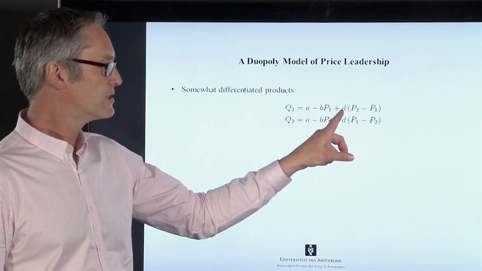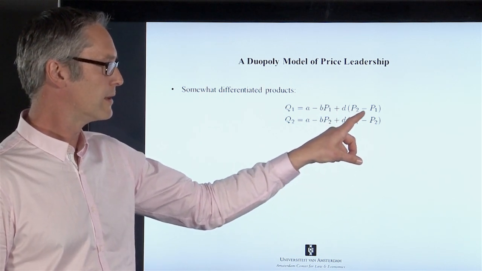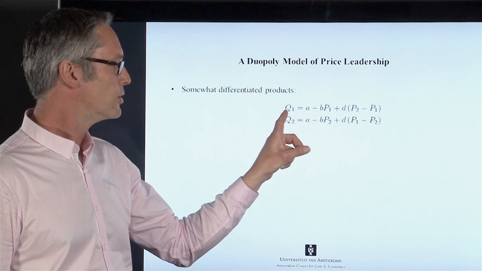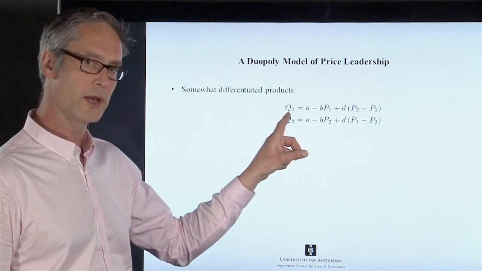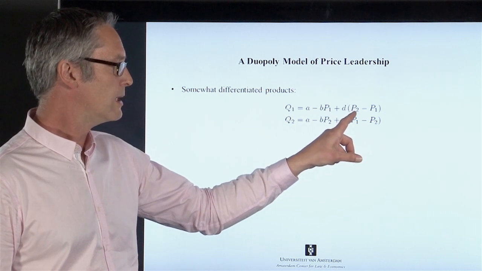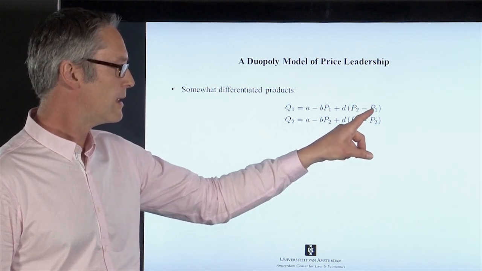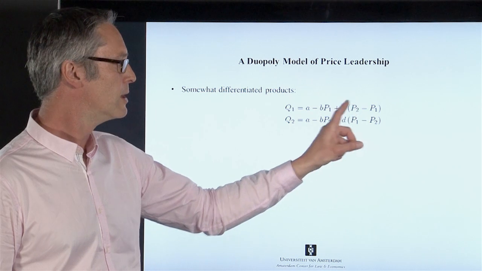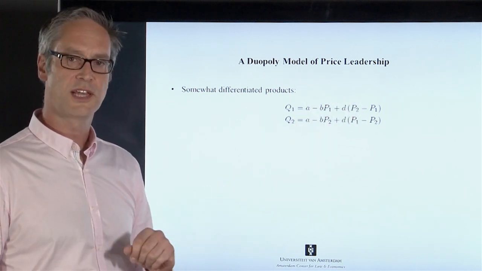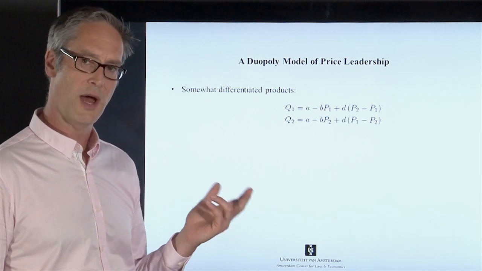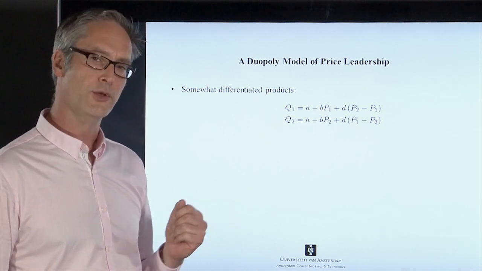But if P2 is a bit bigger than P1, you get a higher demand for mortgages of Bank 1. If P2 is lower than P1, this will be a negative term, so there's going to be subtraction. So demand essentially shifts to the bank with the lowest price, but only by the value D.